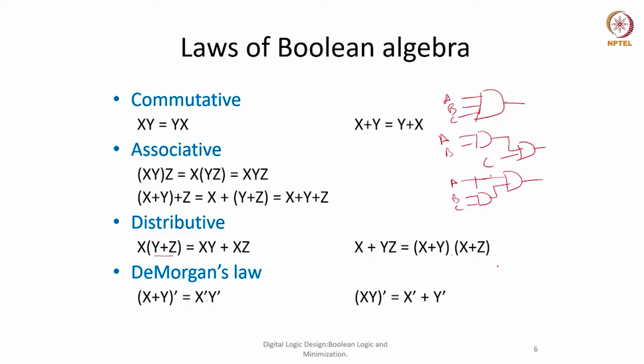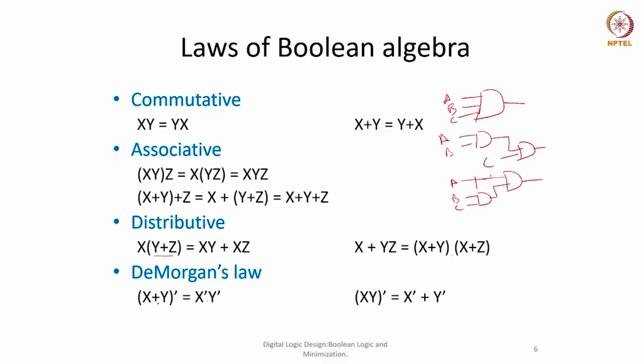The other interesting aspect of our duality principle is that it would be very much exploited in De Morgan's law. In De Morgan's law, whenever we would like to invert a function f, what we need to do is invert all of its variables and replace AND with OR and replace OR with AND.